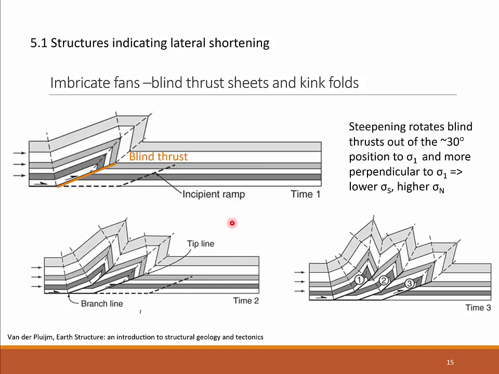In addition to these reasons, we will see that the formation of a new blind thrust and the movement of material along this new blind thrust will steepen up the earlier blind thrust that has formed in stage 1. As soon as we steepen up these earlier blind thrusts, tectonic displacement along them will become more and more difficult, because we are rotating them out of the preferred 30 degrees angle with respect to sigma 1.